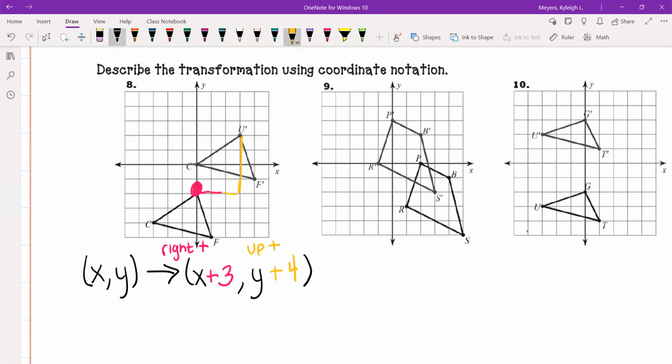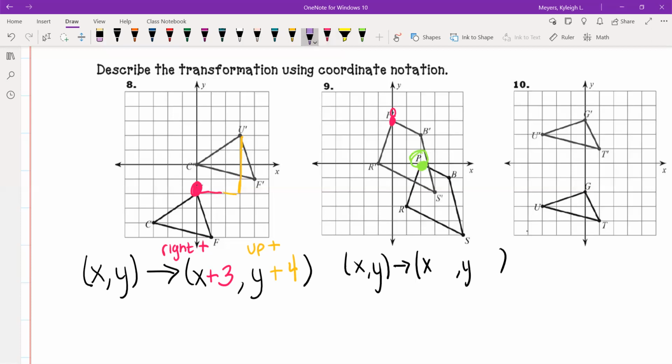So let's do another one. We always start with x comma y, arrow, x something, y something, parentheses. So we want to start at the point that doesn't have the apostrophe. So we're going to start at this P. And I want to figure out, to get from that P to this P with the apostrophe, am I going to the left or to the right?